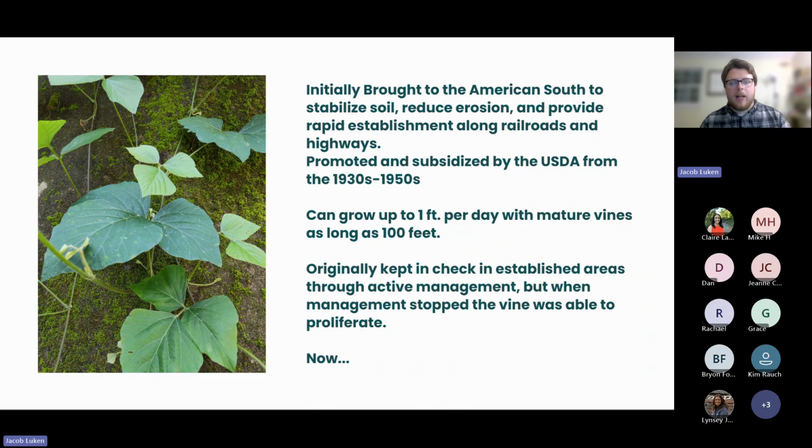So it was planted in farm fields. It was planted along riverways. It was planted along railways and train lines. And it was actively planted and subsidized until the mid 50s throughout the South and dispersed areas along the East Coast.